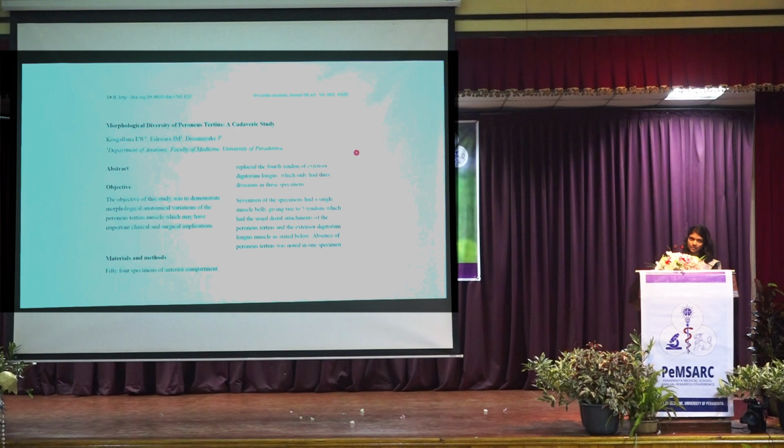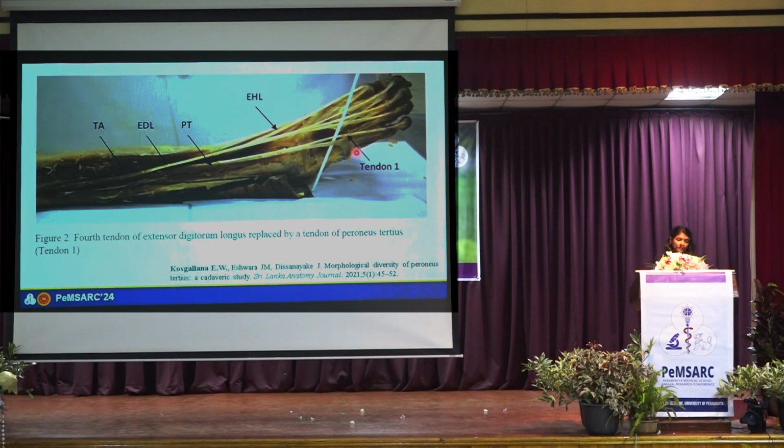Alright, so this is one of our research studies, the morphological diversity of peroneus tertius. We studied different legs of our cadavers to see if there are morphological differences of these muscles. So there are some interesting variations that we found. Here the peroneus tertius muscle has 2 tendons.